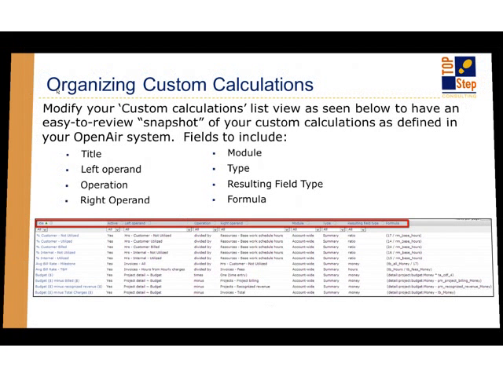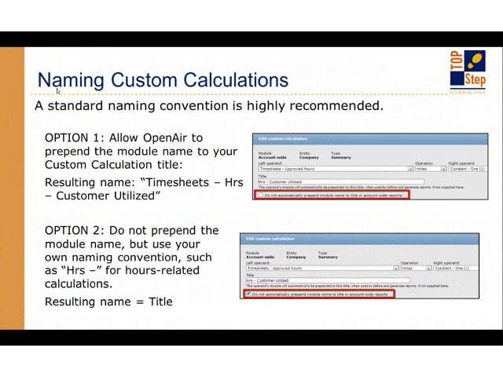Again, a standard naming convention is strongly recommended so that when you're searching for them, they're easy to find. There's an option when you're creating a calculation to either let or not let the system add the module name. In this case, we're looking at our hours customer utilized calculation. If I uncheck this box, then the system is going to prepend the module name to the field.